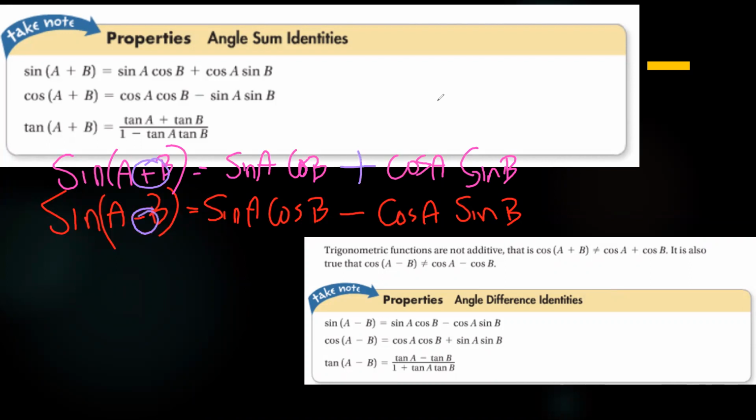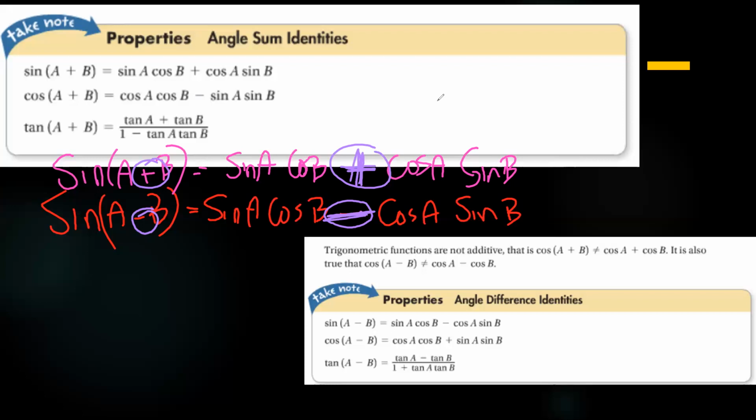Here, minus, we have to keep the minus sign. So sine of A plus B and sine of A minus B have approximately the same formula. But for A plus B, we keep the plus sign. And for A minus B, we keep the minus sign.